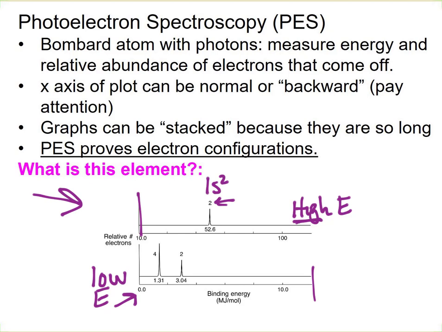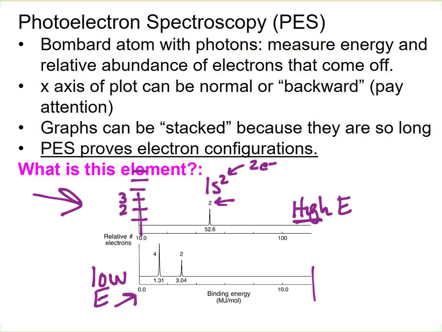Okay. The height here tells you how many electrons there are. So if this was a height of 2, and they didn't label it, then I would say this is my 1s2 peak, and I have 2 electrons in that peak. So this is a core electron.